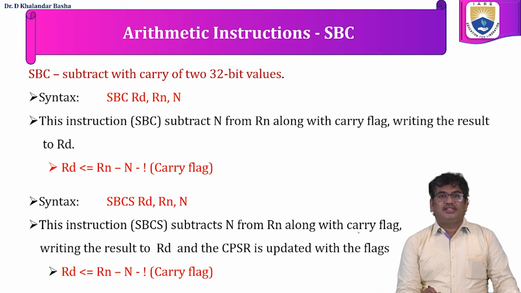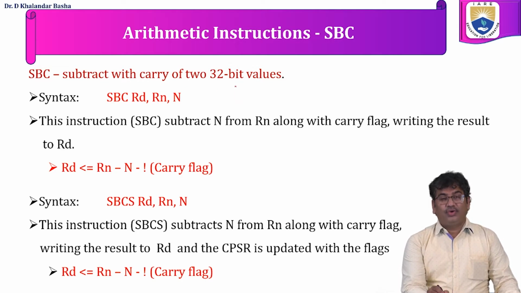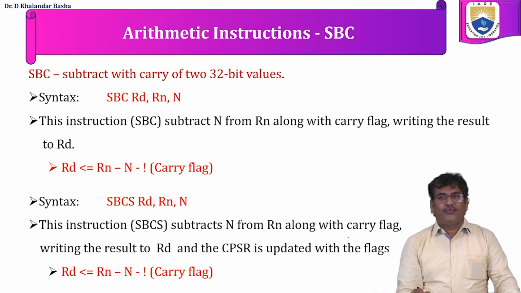The next instruction is SBC. Subtract with carry of two 32-bit values. The syntax of the instruction is SBC Rd, Rn, N. This instruction subtracts N from Rn along with the carry flag, and the result or difference will be returned to the Rd register.